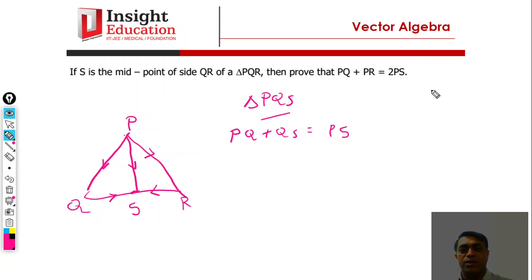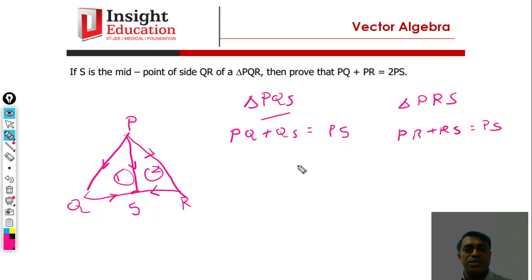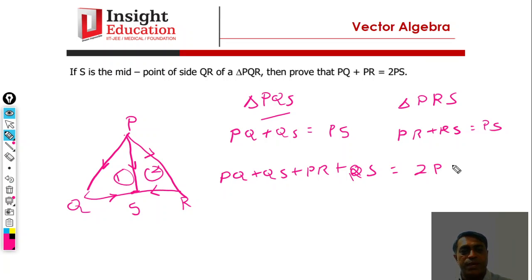Okay, so for another triangle, suppose triangle PRS, I can write PR plus RS is equal to PS. So consider separate triangles, first triangle and second triangle. Okay, so now add both these equations. So I can write PQ plus QS plus PR plus RS is equal to 2 times PS.